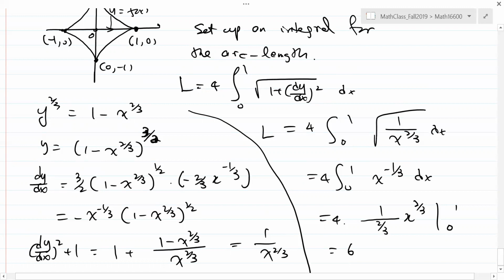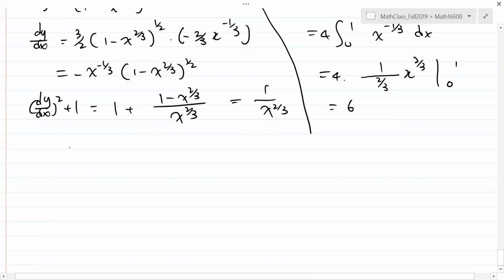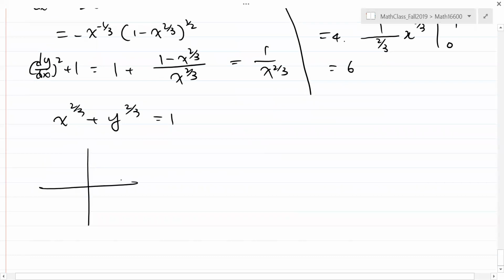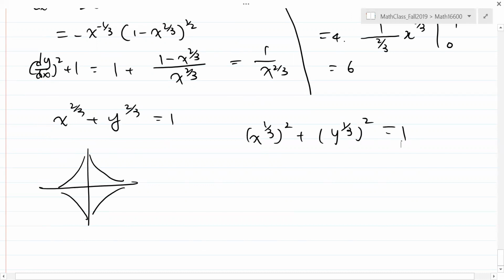Now there's another way to parameterize this curve. Let me draw the picture here. I know this can be viewed like x to the 1/3 squared plus y to the 1/3 squared equals 1, right?